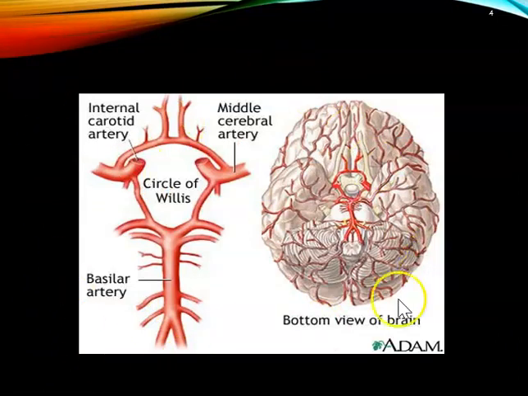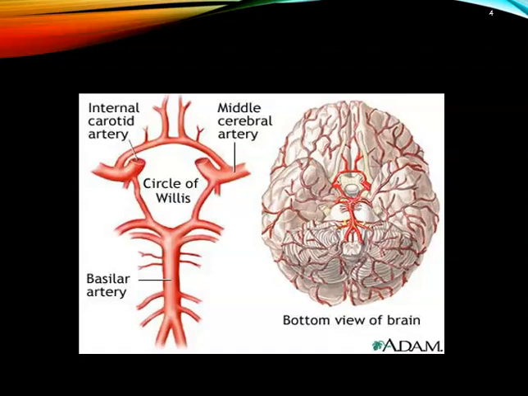I want you to review this. It is critical to understanding how a stroke affects a patient by where it is occurring. So different locations in the brain are going to have different effects with a stroke. The anterior part of the brain is supplied with blood from the 2 internal carotid arteries.